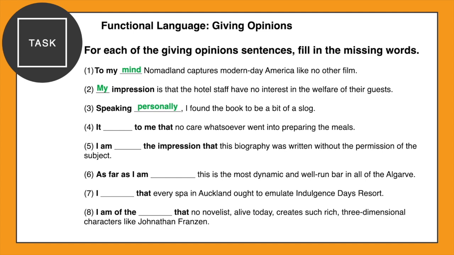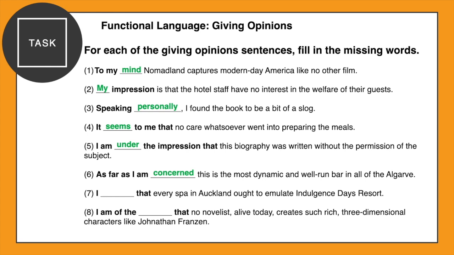Number 4. It seems to me that no one cares whatsoever what went into preparing the meals. Number 5. I'm under the impression that this biography was written without the permission of the subject. Number 6. As far as I'm concerned, this is the most dynamic and well-run bar in all of the Algarve.